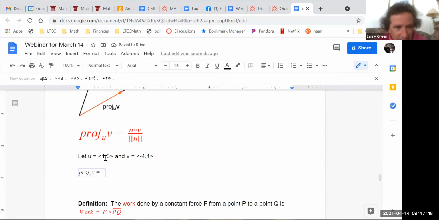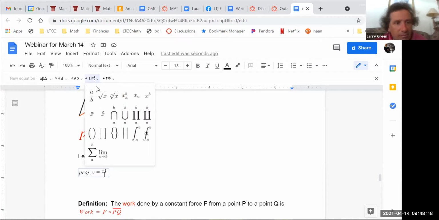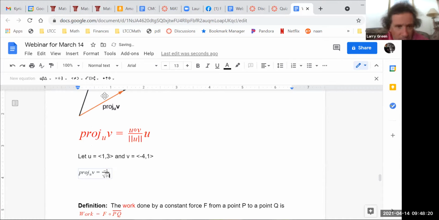U dot V is -4 plus 3, which is -1, over, you know what, I should add one more thing in here because officially it's times U. So it's -1 over the magnitude of U squared, which is 1 squared plus 3 squared, which is 10, times (1, 3).